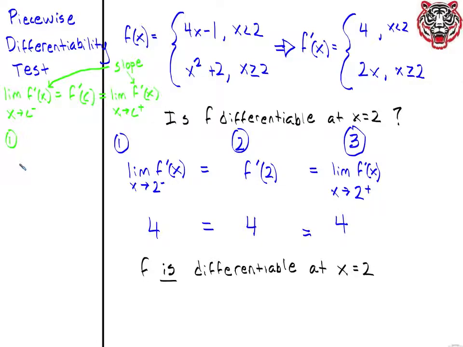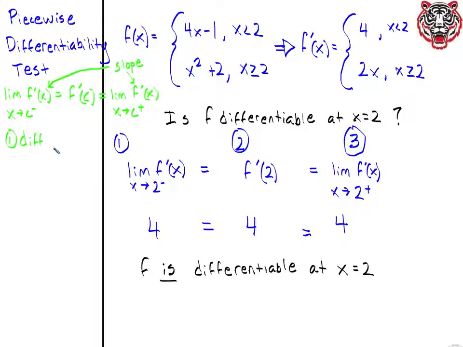How do we even know it's a piecewise differentiability test? What are we looking for? It's talking about f prime. Differentiability means f prime. So when you hear the word differentiable, can I just say diff, D-I-F-F, and you know that's differentiable?